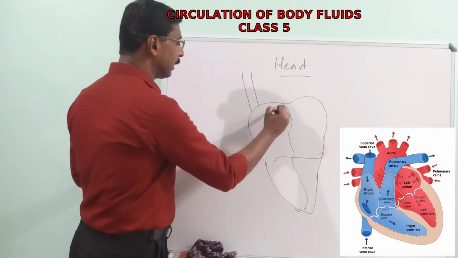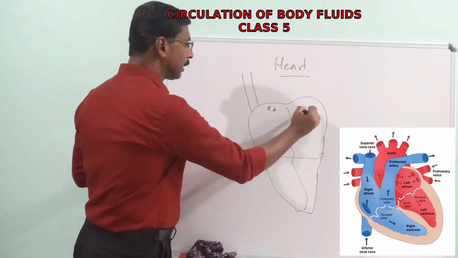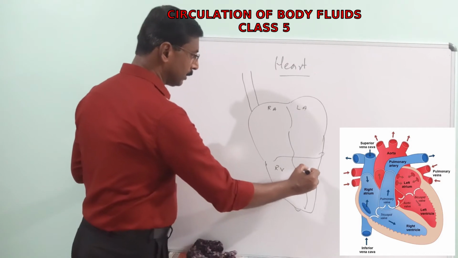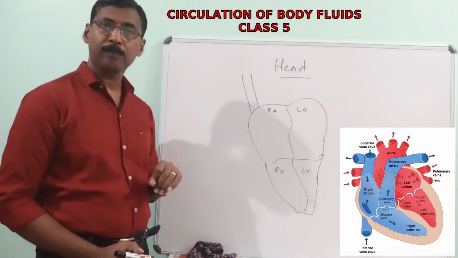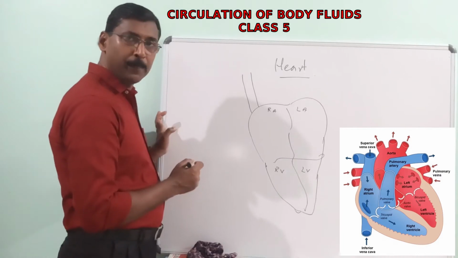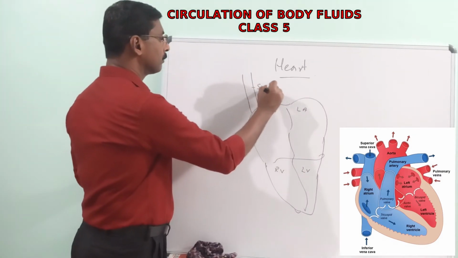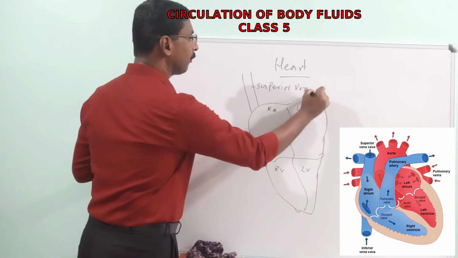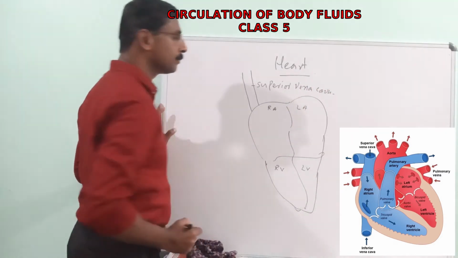This is the right atrium and this is the left atrium. This is the right ventricle and this is the left ventricle. And this is the superior vena cava.